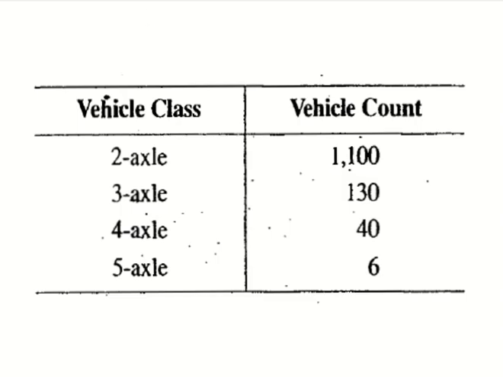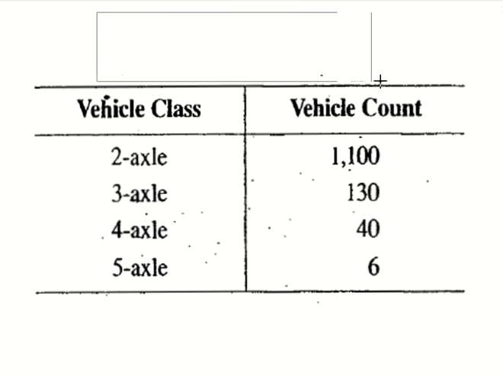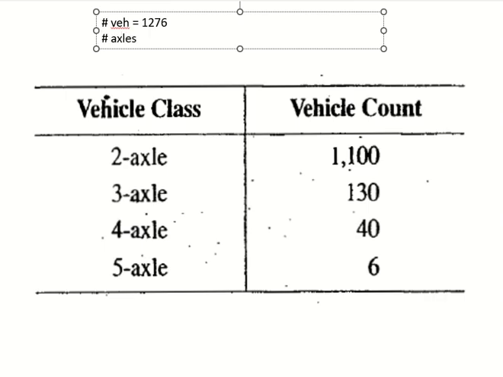How many vehicles do I have total here? 1276. Then I need number of axles. Just to refresh your mind, you take the vehicle count, multiply with the number of axles here. I need the total.